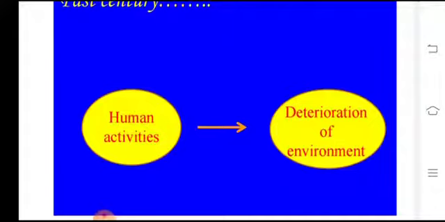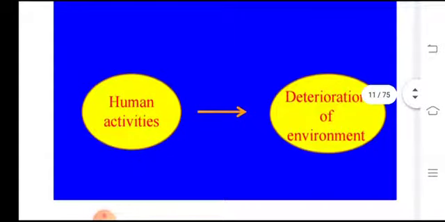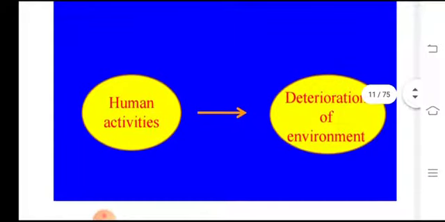So we must consider how we can restore our environment, how we can go back to the situation which existed a few centuries back, when there was no environmental pollution. But now this is continuously increasing, and increasing in an exponential manner. It is not smooth, but exponential.